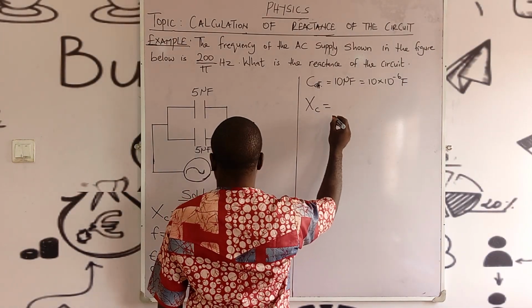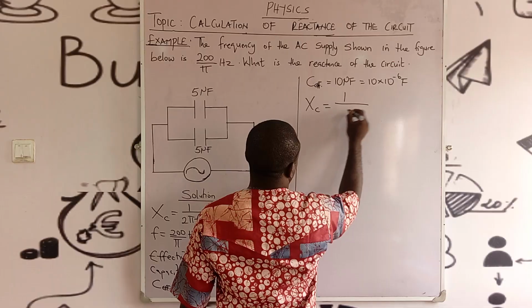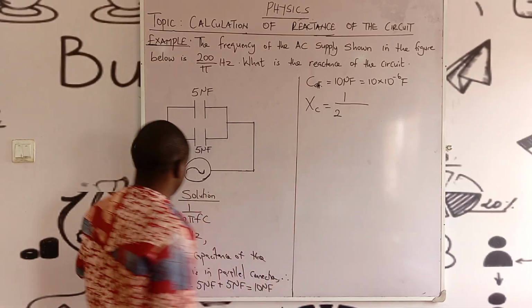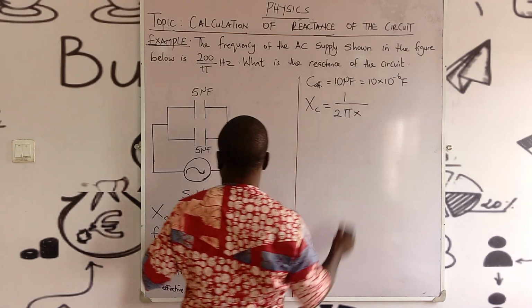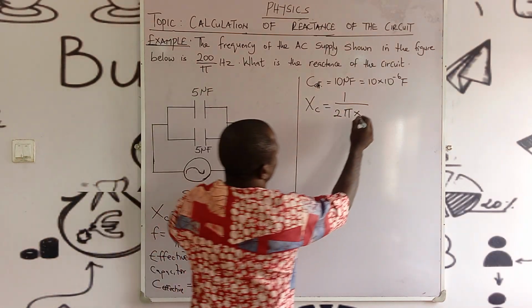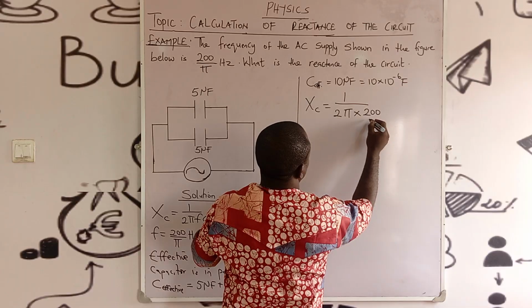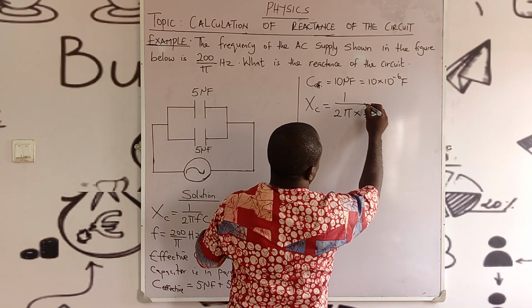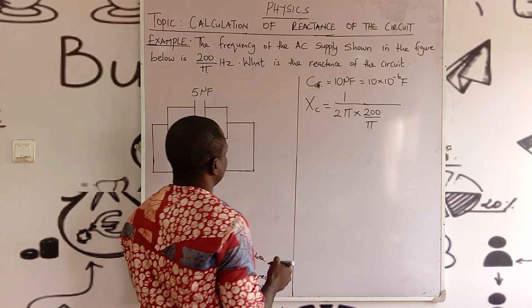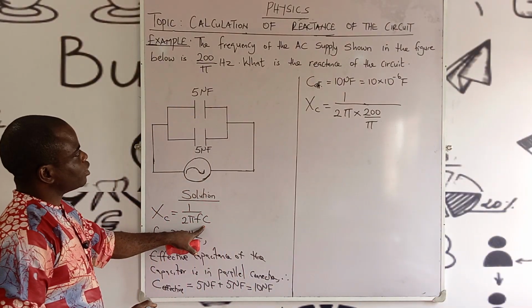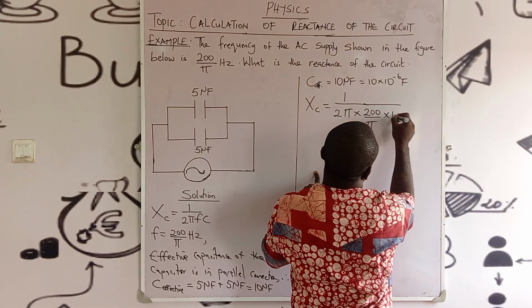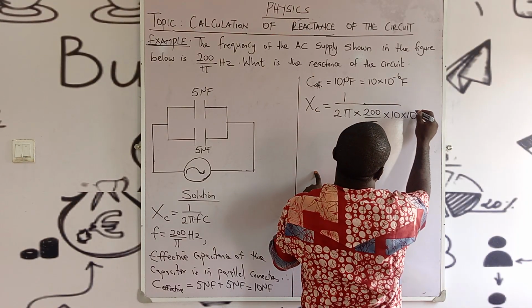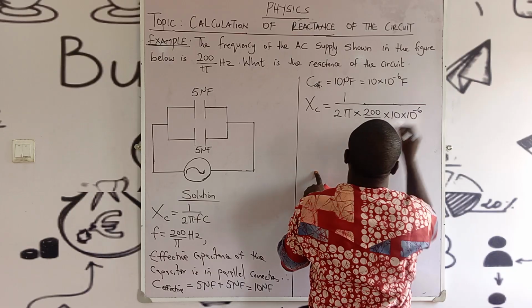Capacitive reactance equals 1 over 2 pi times, what's our frequency? 200 over pi, times the capacitor, you can see it, 10 times 10 to the power minus 6.